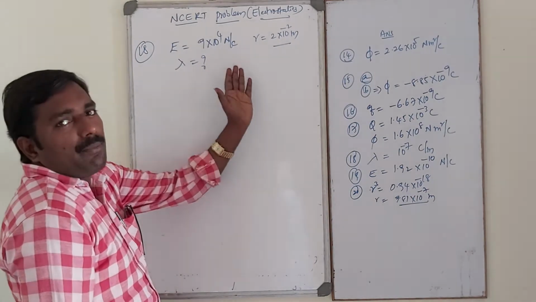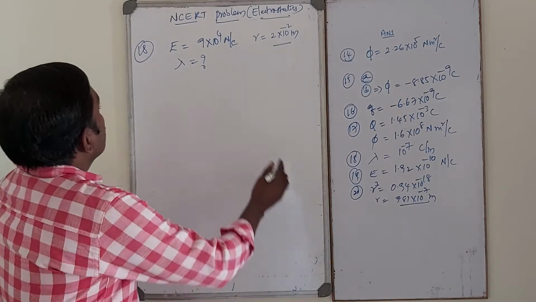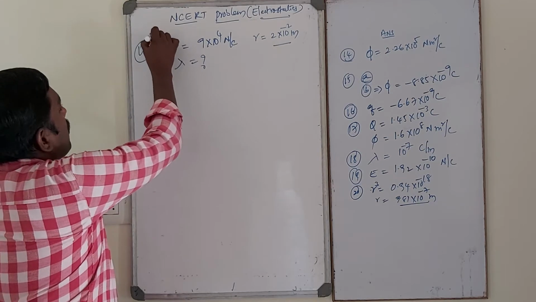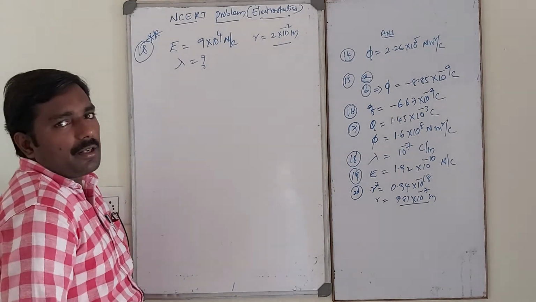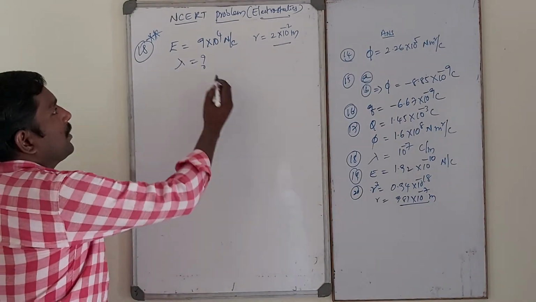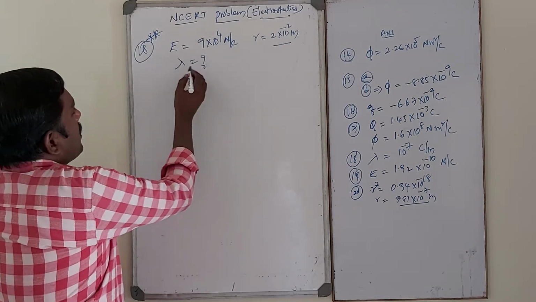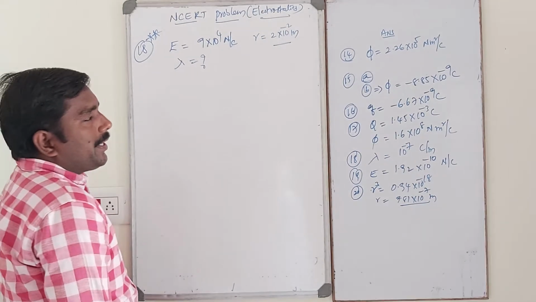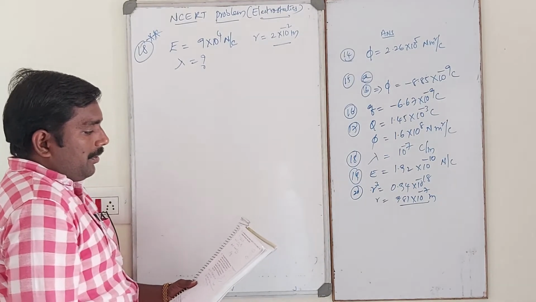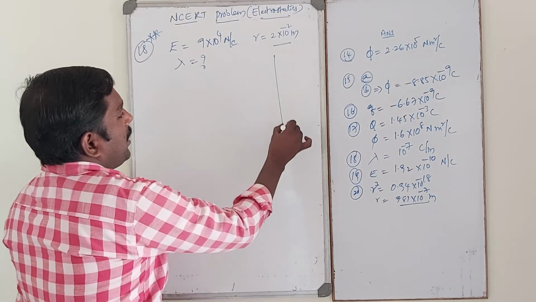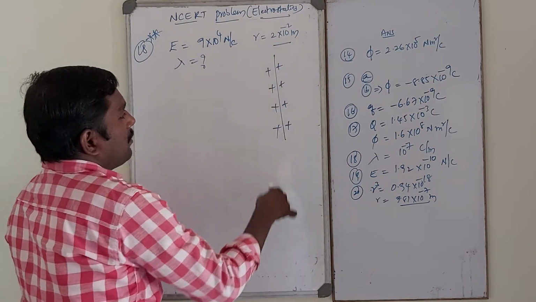So this is the important one. Important problem, students, from CET or NEET examination point of view. Linear charge density, simply charge per unit length. So this is the infinite line charge, one of the applications of Gauss theorem.